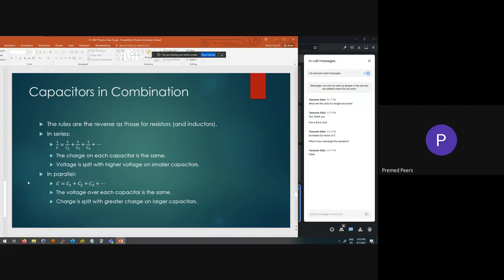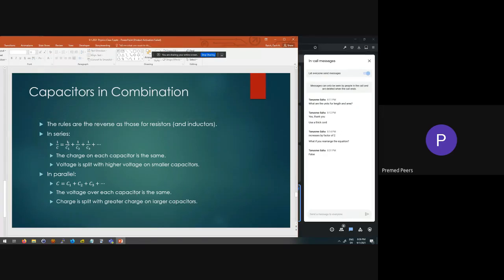That makes sense intuitively, because if you were to smush all those together, you'd have a capacitor with a larger surface area, which from that equation would increase the capacitance. Remember, anything in parallel, voltage has to be the same, but the charge will be split. And there'll be more charge on larger capacitors, because remember Q equals CV, a larger capacitor stores more charge at the same voltage.